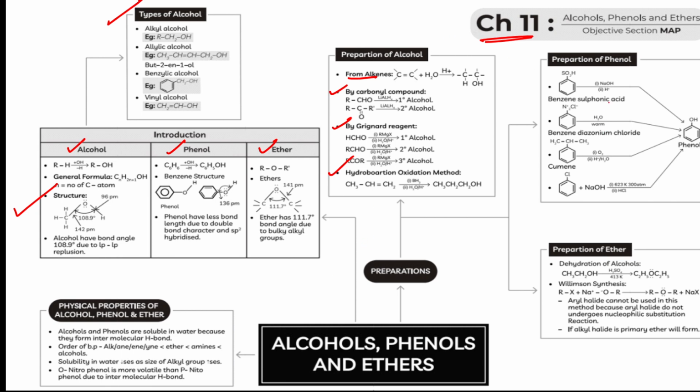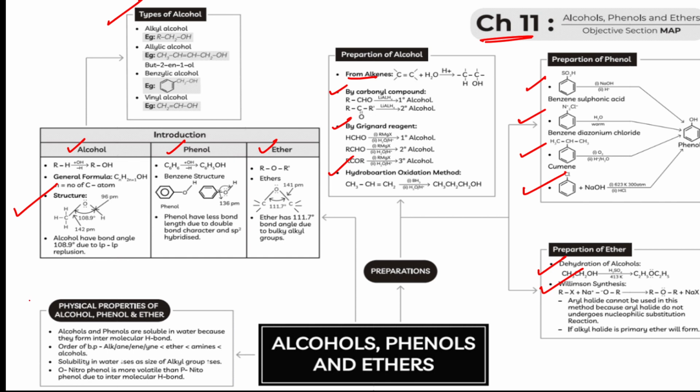Then preparation of phenols: converting sulfonic acid to phenol, diazonium chloride into phenol, cumene into phenol, and the Dow process. Also the preparation of ethers, dehydration of alcohols, and Williamson synthesis, everything perfect.